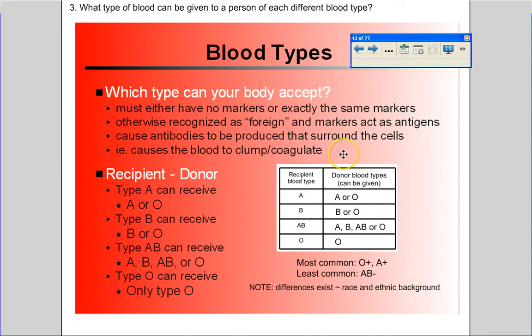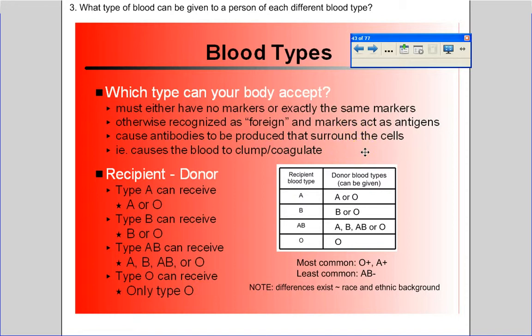Otherwise, your body would recognize the blood as foreign, and the markers act like what we call antigens. And antigens are things that bring about an immune response. Okay, so it could be a protein on the outside of a cell, or it can be different things on the outside that your body would recognize as being foreign, and causes antibodies to be produced.